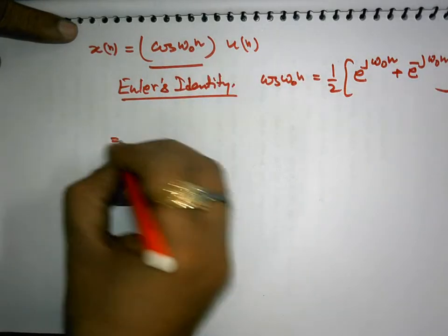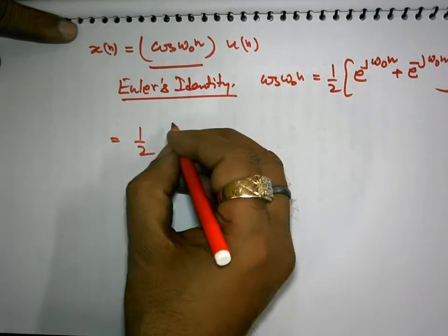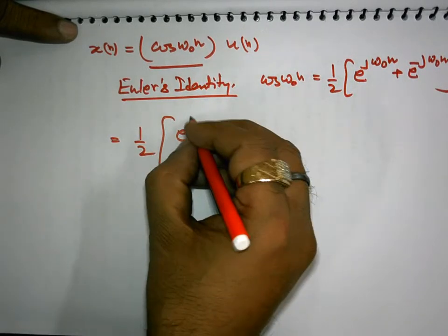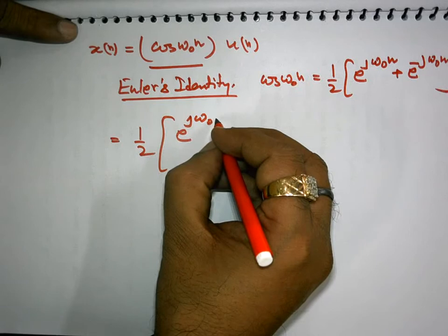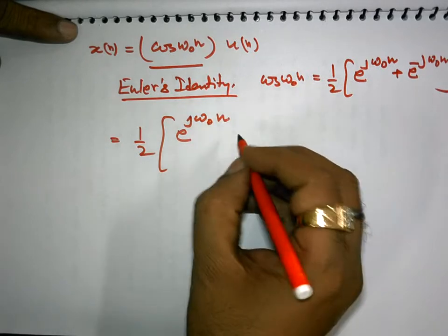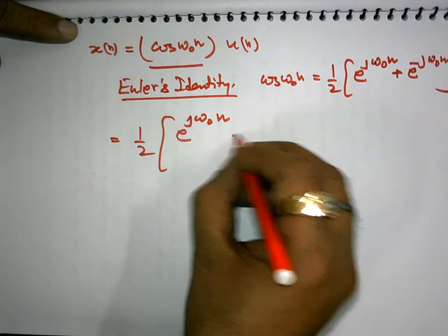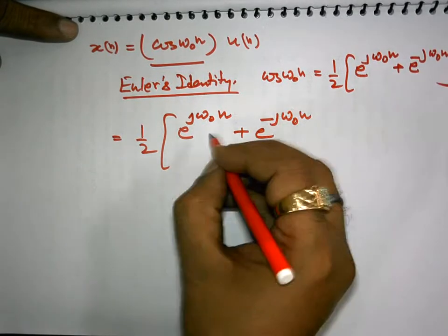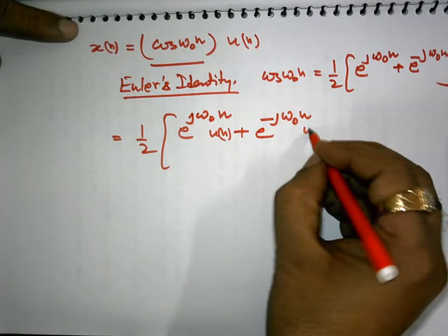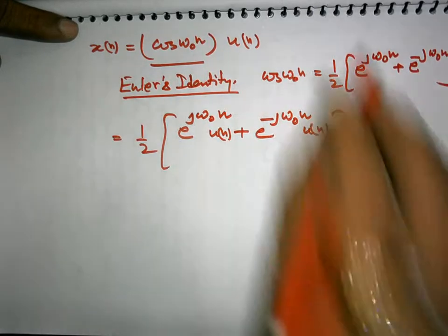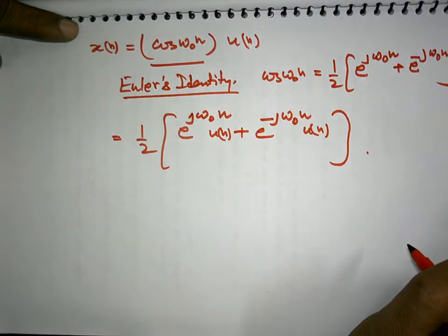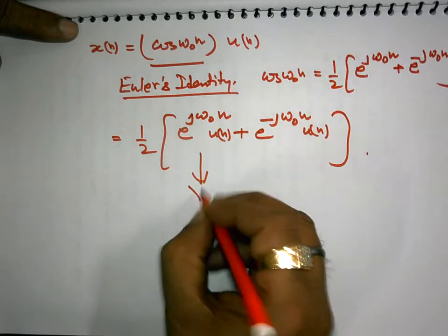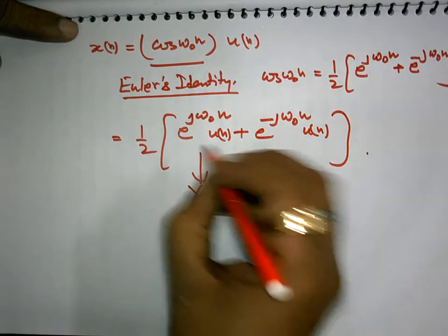So, simply I am writing the signal as half e to the power j omega 0 n u[n] plus e to the power minus j omega 0 n u[n].